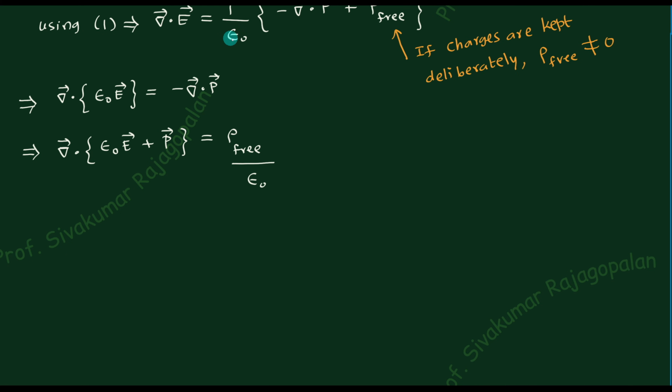So you have the same expression here. Epsilon 0, you take by cross multiplication, so it has come here. And then this divergence of P is kept as such, no change. This rho free, what happens is, if you are intentionally keeping charges, then it is not equal to 0. If you are not keeping anything, then it is 0. That is what I mean to say. So rho free can become 0. So you can possibly make it 0 and write it down here. If no charges are intentionally kept, optionally you can make it 0. But let us bring it in general later.